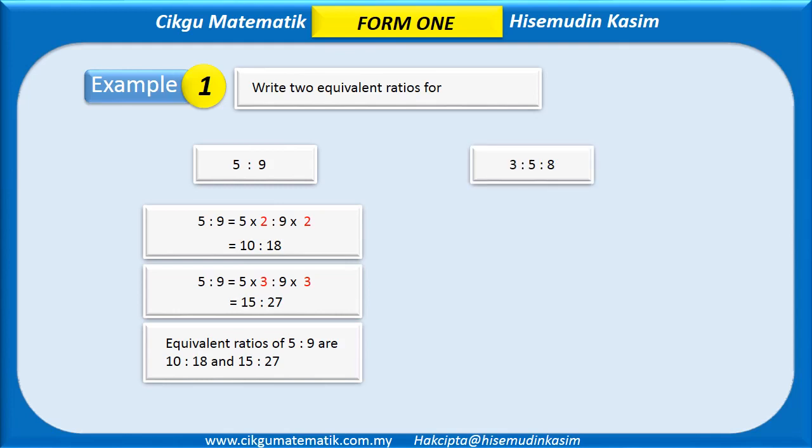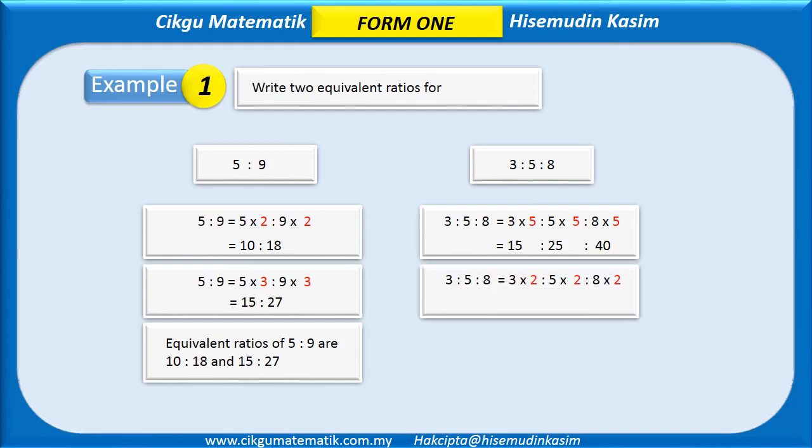The ratio of 3 to 5 to 8. The ratio of 3 to 5 to 8 equals 3 times 5 to 5 times 5 to 8 times 5, equals 15 to 25 to 40.